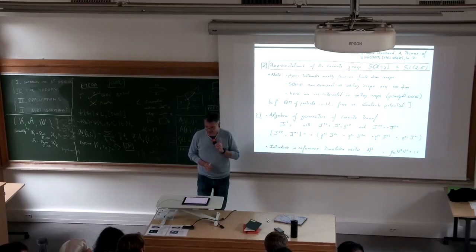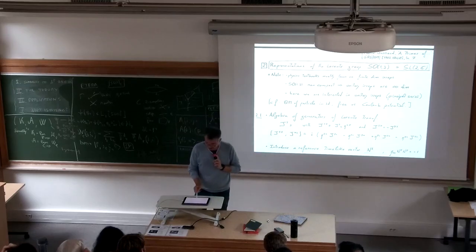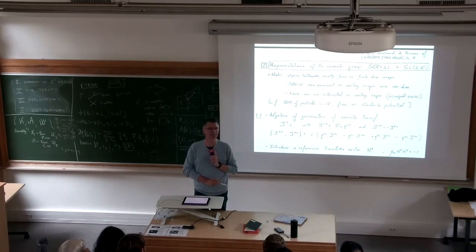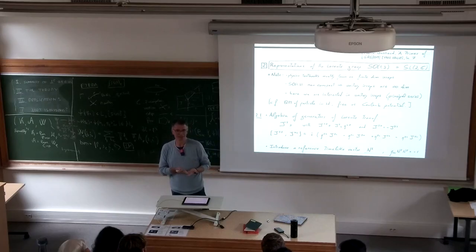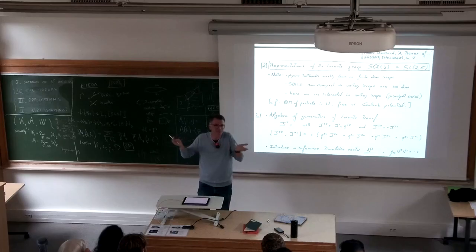And I do have a warning: most physics textbooks tell you about the Lorentz group, but they really tell you only about finite dimensional representations, like vector, tensor. Those representations are not unitary, clearly, because this is the Lorentz group. It's not a unitary group.